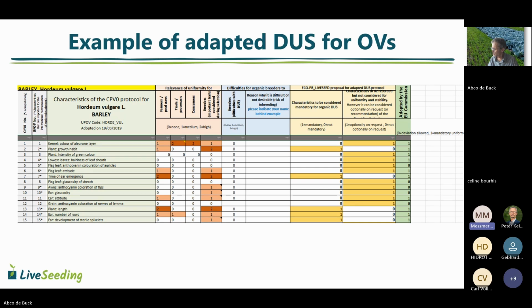For vegetables, as there are so many different vegetables, the phenotypes are much more diverse than in cereals or arable crops, and therefore you might have more characteristics to look at, and some of them might really be relevant for the market, but more by chance.